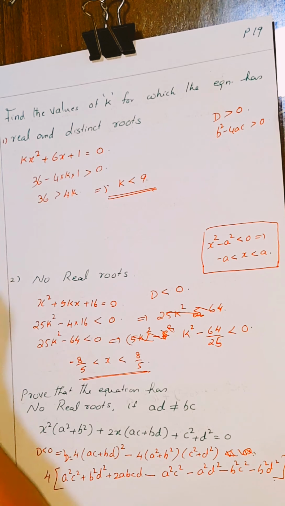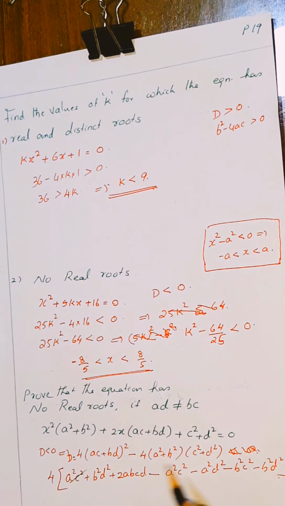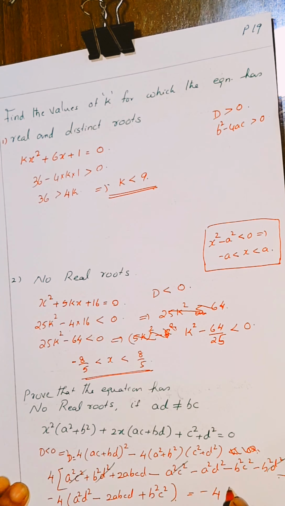So these will get cancelled. So now I'll take minus 4 into, this will become a squared d squared minus 2abcd plus b squared c squared. So this is equal to minus 4 into ad minus bc the whole squared.